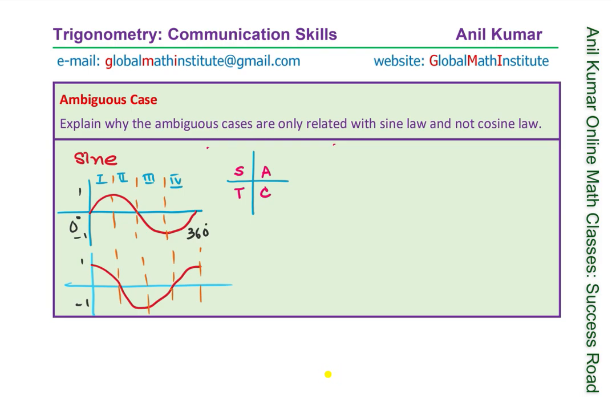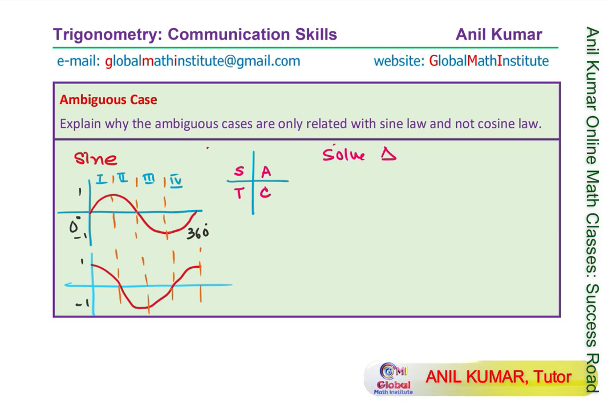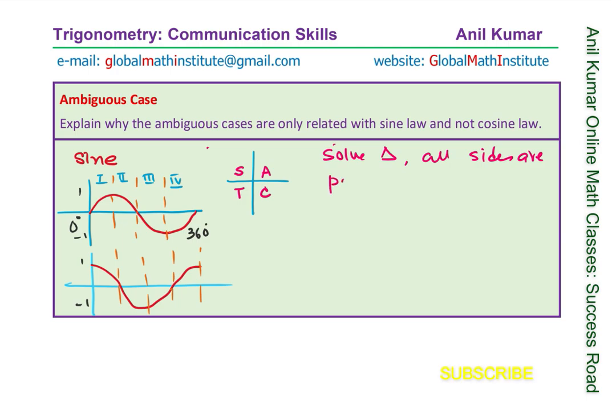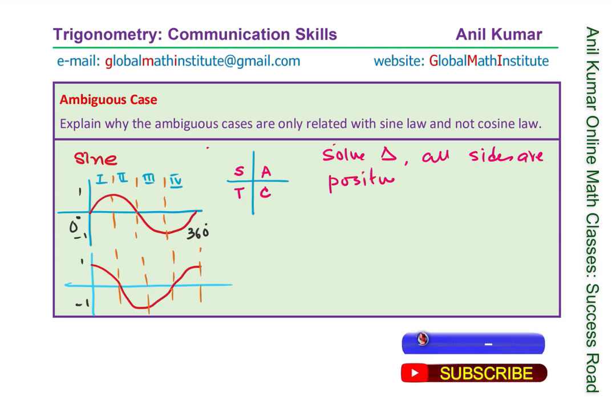Now, when we talk about solving a triangle, we have to find the sides given the angles and other combinations. In a triangle, all sides are of positive length.